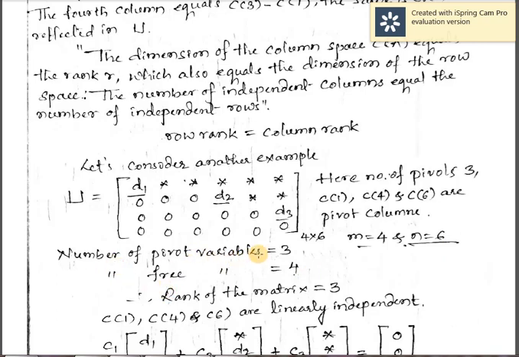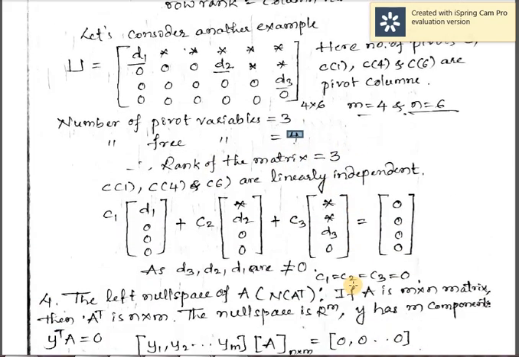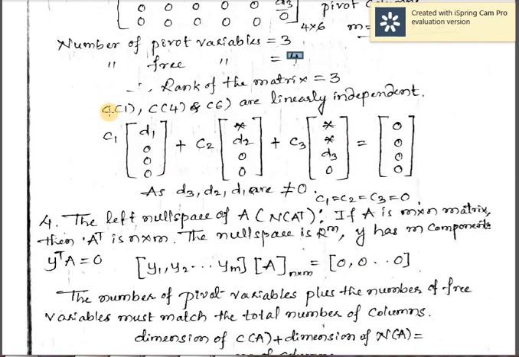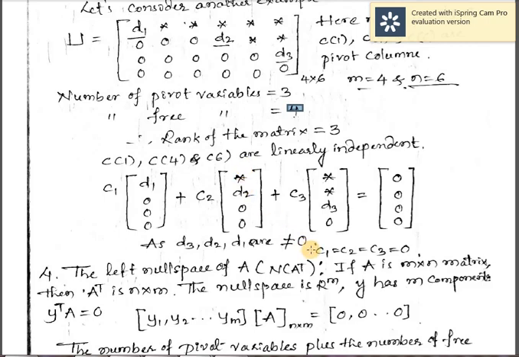The pivot variables are 3. The number of free variables are also 3. So the rank of the matrix is 3. So column 1, column 4 and column 6 are linearly independent, and as they are linearly independent, the values of C1, C2 and C3 have to be 0, because if they are other than 0, we can't say they are linearly independent.